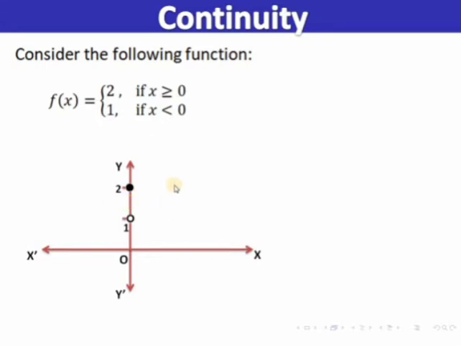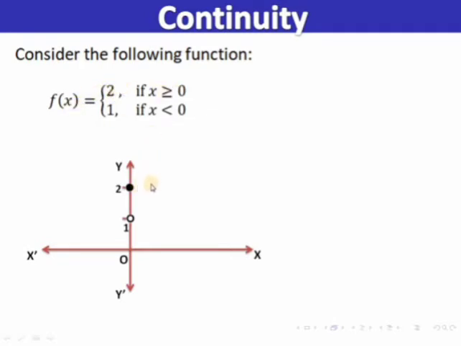Okay, fine. Now we will take any positive value of x. The positive values of x lie this way. So whenever x is, for example, 1, the value of y is how much? If x is 1, then x is greater than or equal to 0, so the value of y becomes 2.